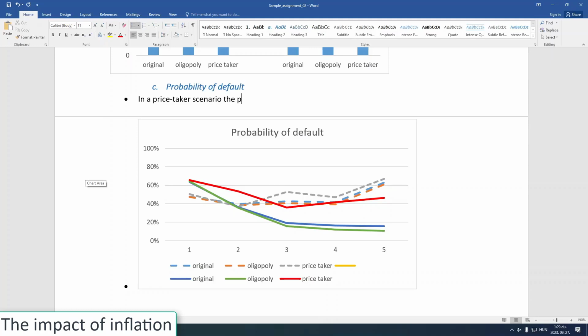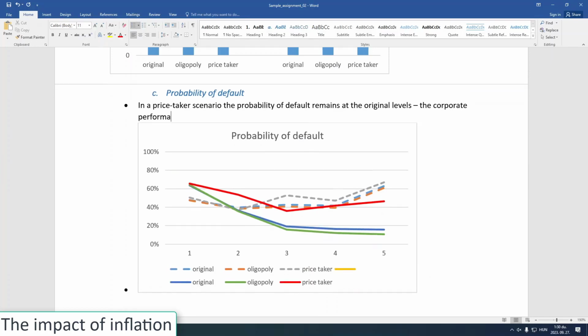The probability of default remains at the original levels. The corporate performance will be stressed. Distressed, stressed, in stress, stretched.